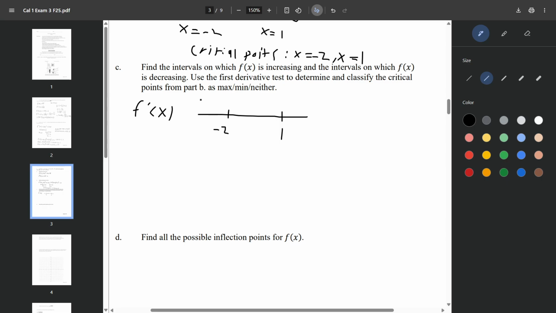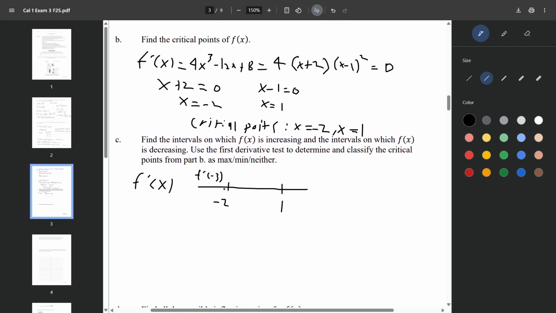We will plug in values for f prime of x to see where our graph is positive or negative, because we know that at -2 and 1 our slope is 0, which means that before or after those points the slope is either positive or negative. That's why we're plugging in values in between them.